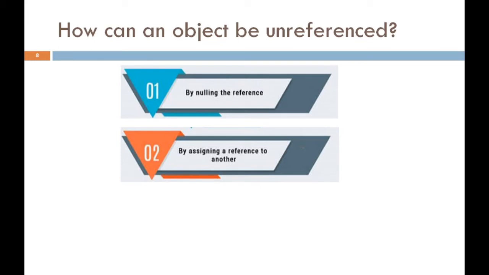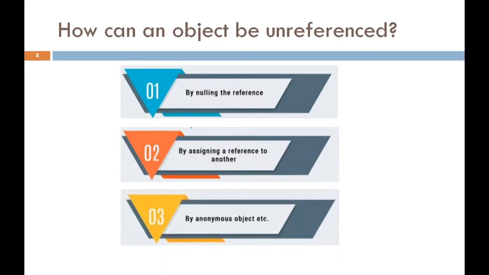That means the first object is now available for the garbage collector. When one object reference is assigned to another object reference, the first object is referred to as an unreferenced object.